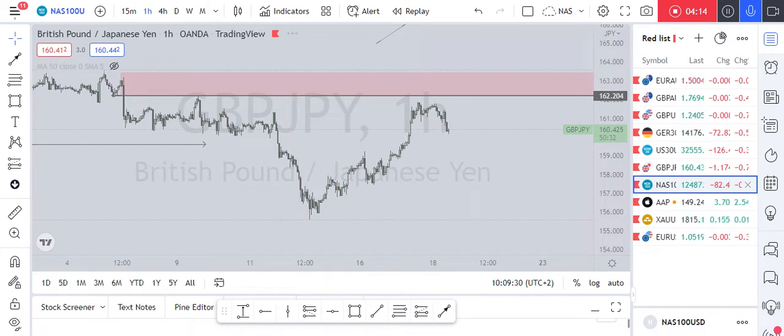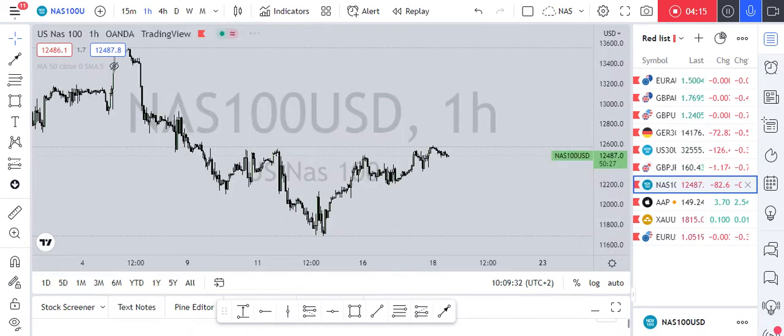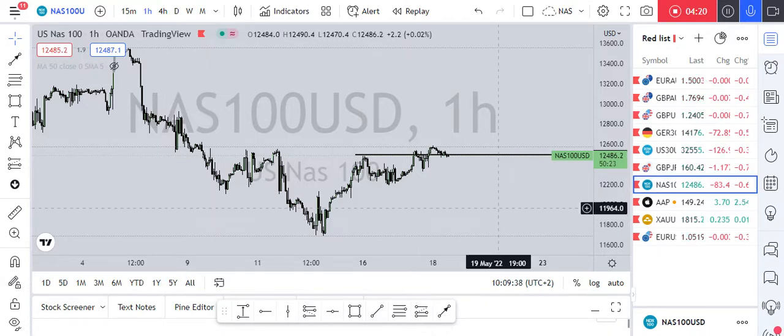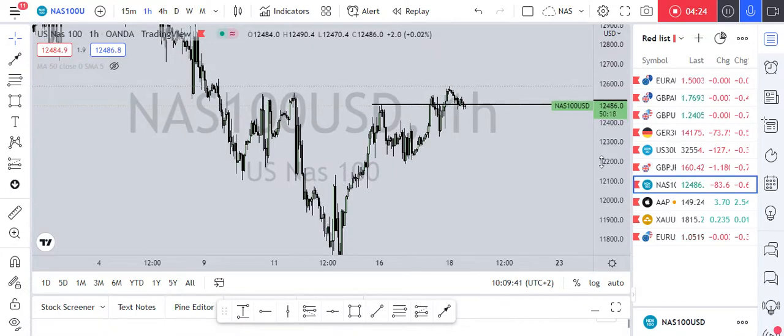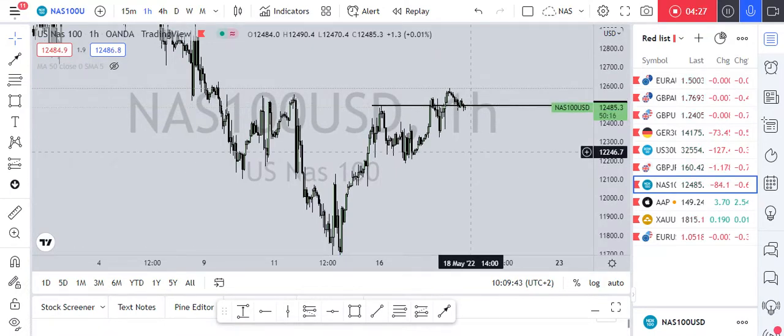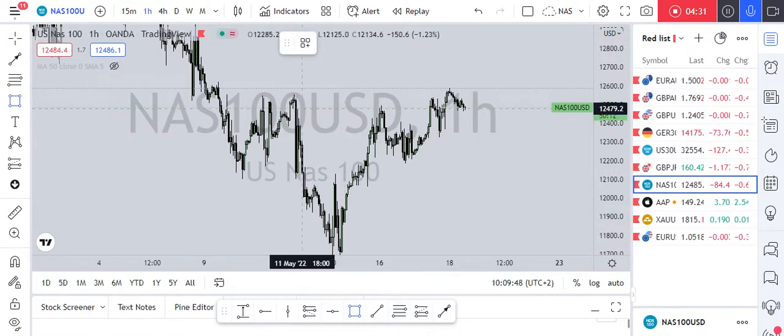We entered Nasdaq sells based on two setups. The first setup was this supply zone right here.